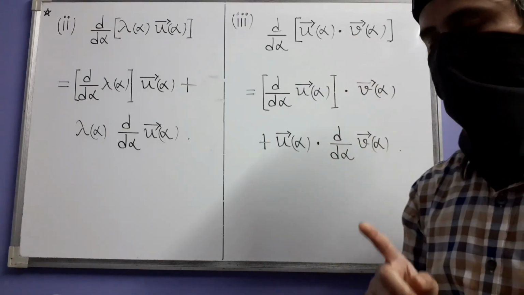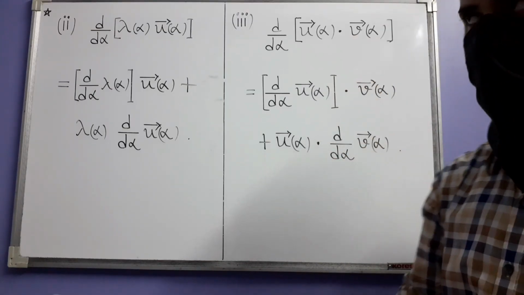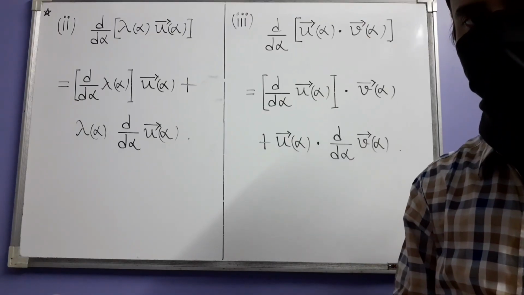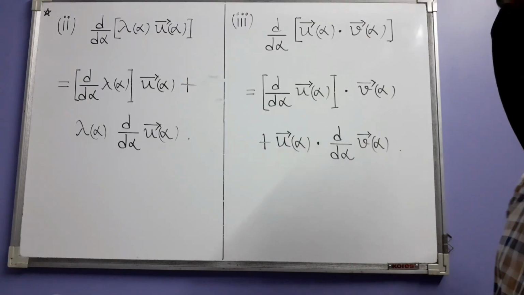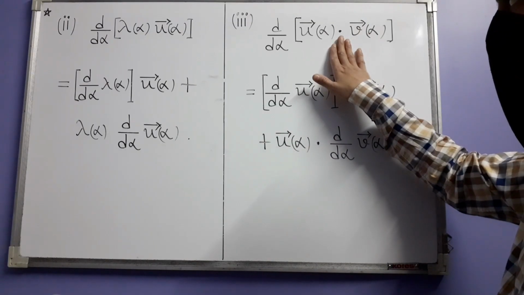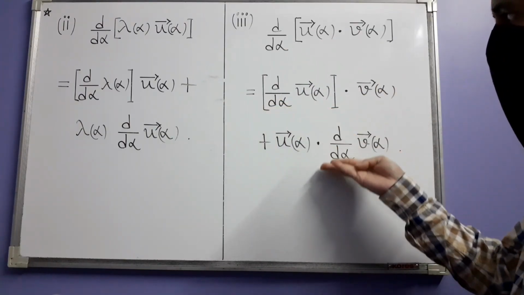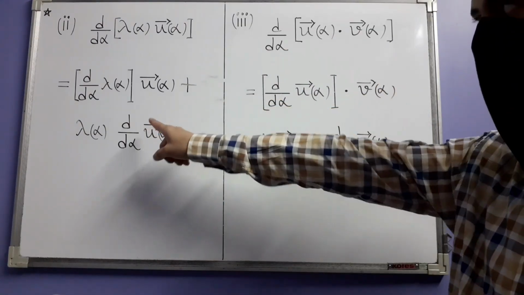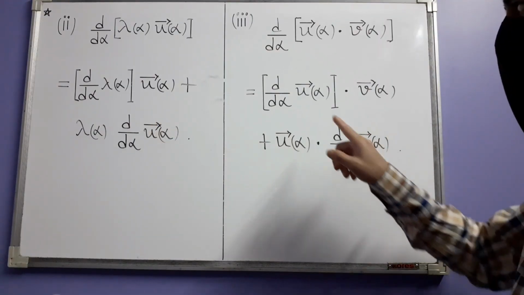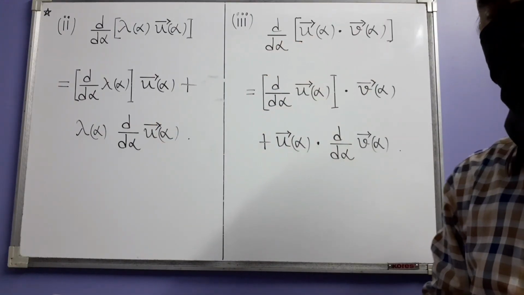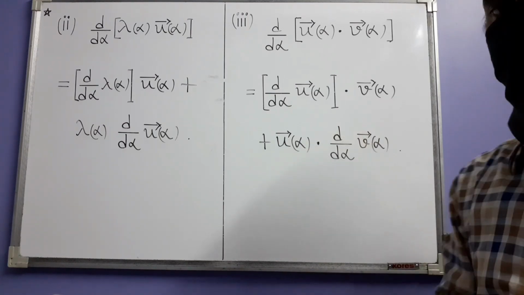The next one involves the scalar product of u and v. If u and v are both differentiable at alpha, then their scalar product, which then becomes an ordinary function, ordinary means a real valued function of alpha, is also differentiable at alpha, and its derivative again is given by this expression, which is just like that one. The only difference is that now in place of lambda you have this vector function u, and there is scalar product.